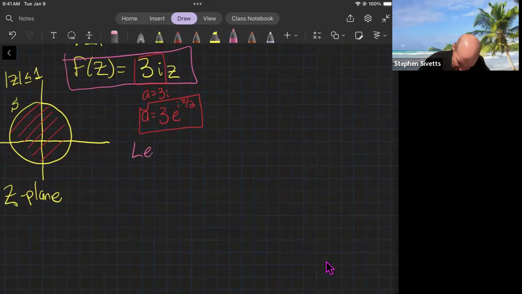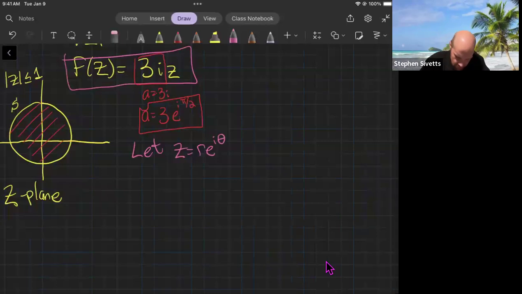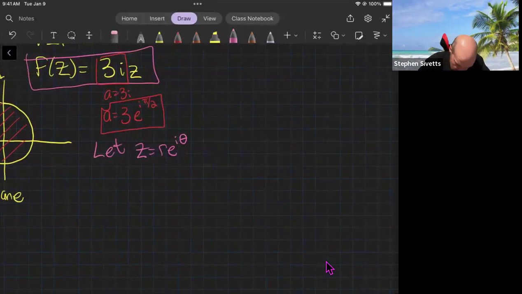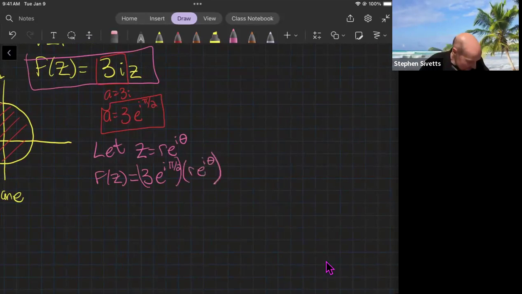If I let z be the polar form, r e to the i theta, then f of z we can write out as 3 times e to the i pi over 2 times r times e to the i theta.